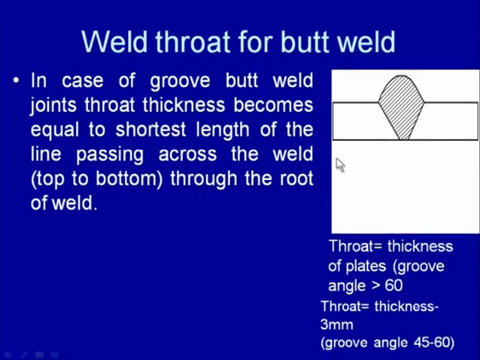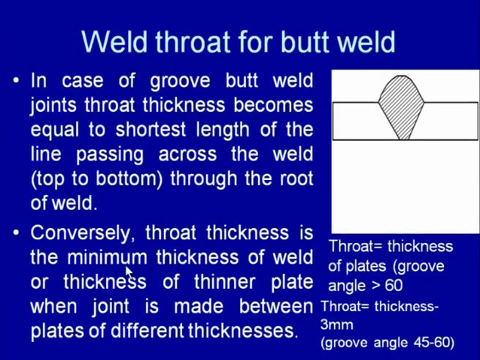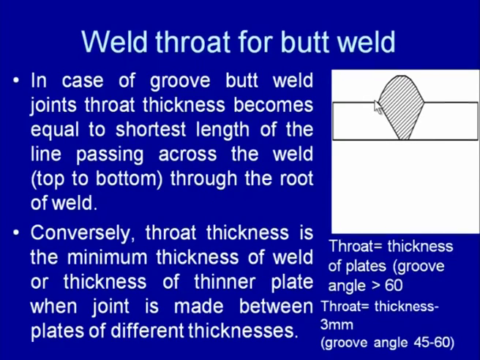So, this is one case and conversely the throat thickness becomes the minimum thickness of weld, or thickness of the thinner plate if the weld is made between two different thicknesses. To understand clearly, any portion of the weld metal which is above the surface of the base plate is not considered for determining the throat thickness.